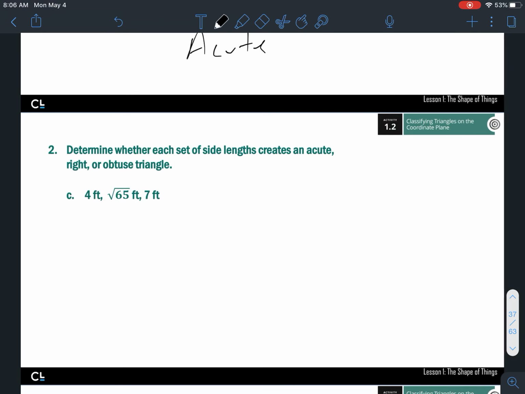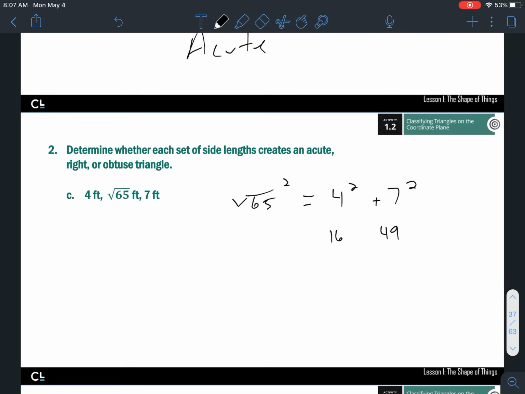And lastly, we have the square root of 65 squared compared to 4 squared plus 7 squared. Okay, so let's see how this works. 4 squared gives you 16. 7 squared gives you 49.